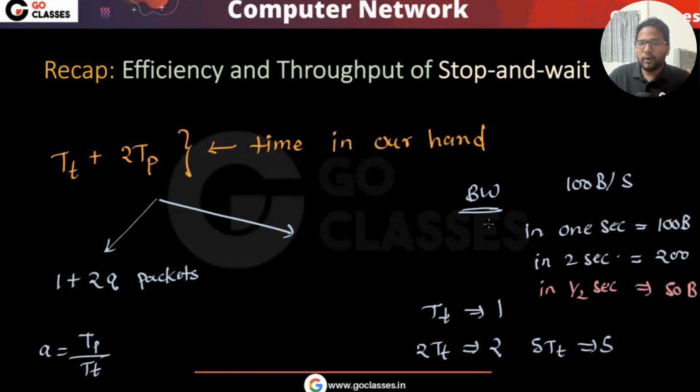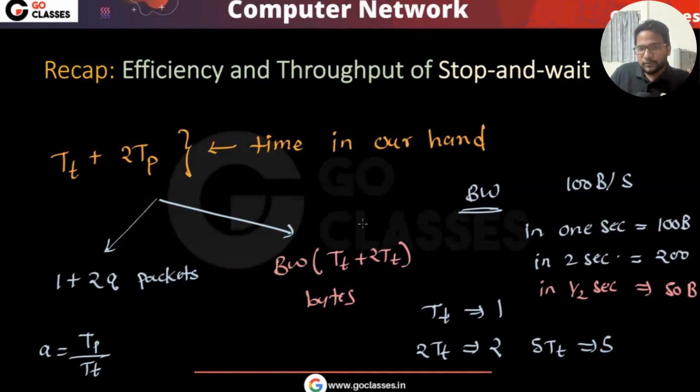So if you want to find the number of bytes in some time, what do you need to do? You need to multiply the time with the bandwidth. So bandwidth into TT plus 2TP, these many bytes you can send, or these many packets you can send. Both are equal, only the units are different.